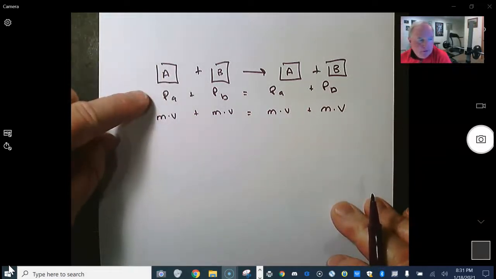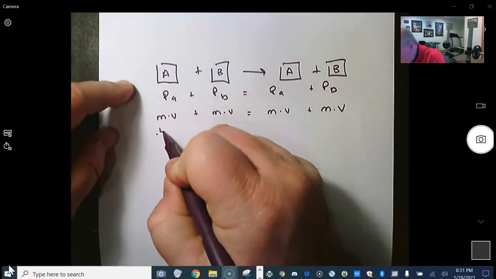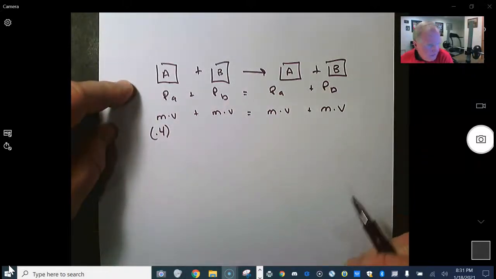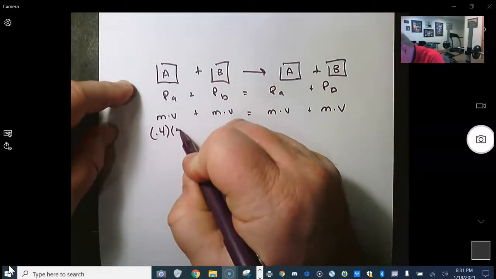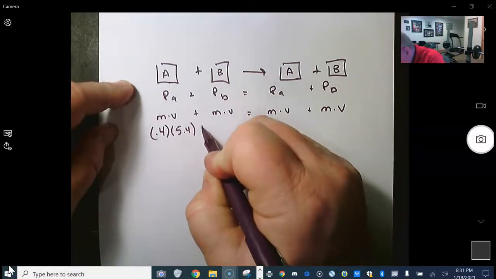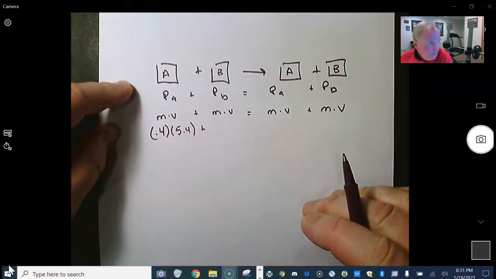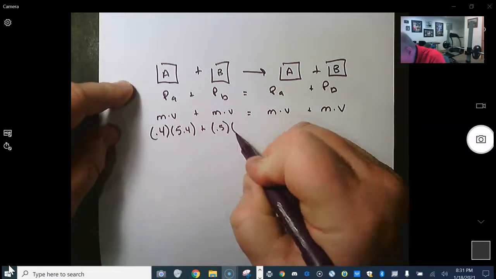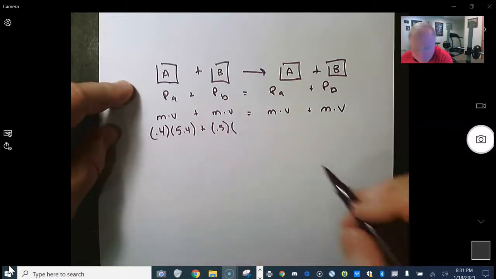Once you're there, now we can read the problem. Ball A has a mass of 0.4. So that's a mass of 0.4. And it is rolling to the right at 5.4. That's a positive velocity, 5.4, plus ball B has a mass of 0.5. So we'll put 0.5 in, and it's moving to the left at 3.